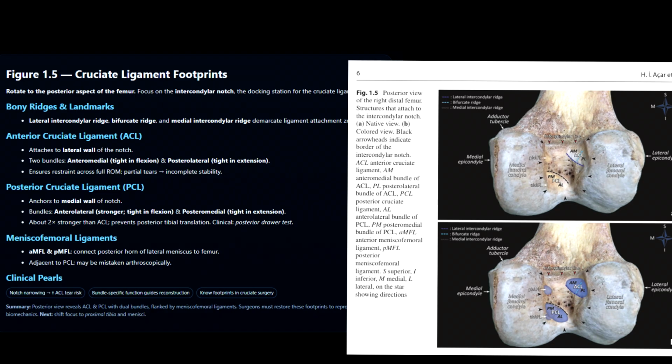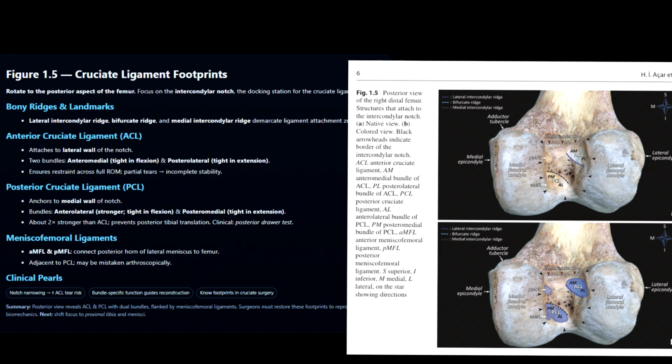You can see black arrows in the image marking its borders. Running along this surface are ridges: the lateral intercondylar ridge, the bifurcate ridge, and the medial intercondylar ridge. These serve as bony landmarks that separate the attachment sites of the cruciate ligaments and their different bundles.